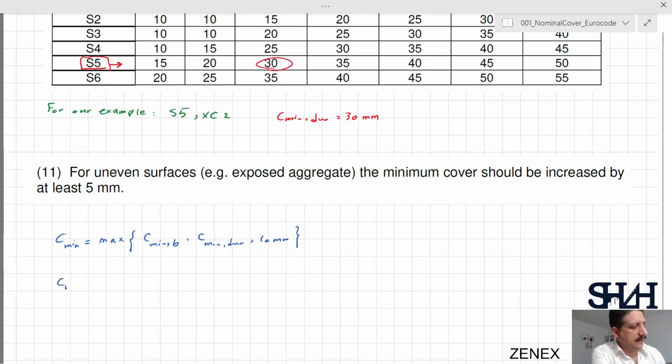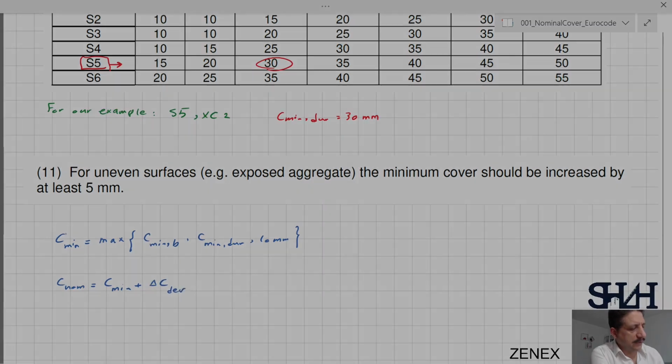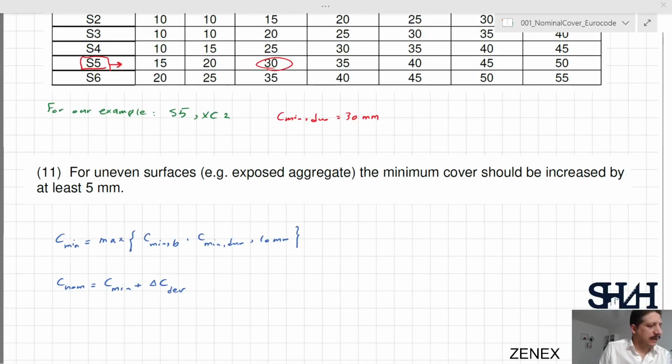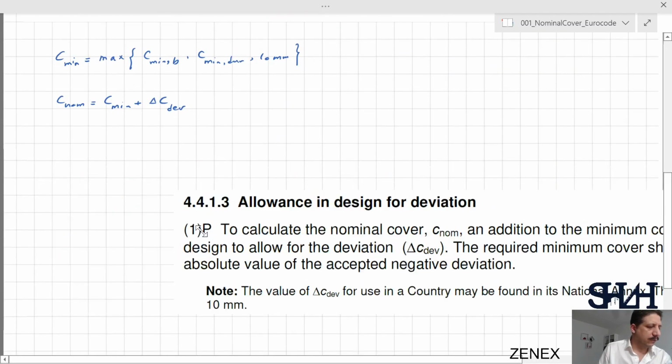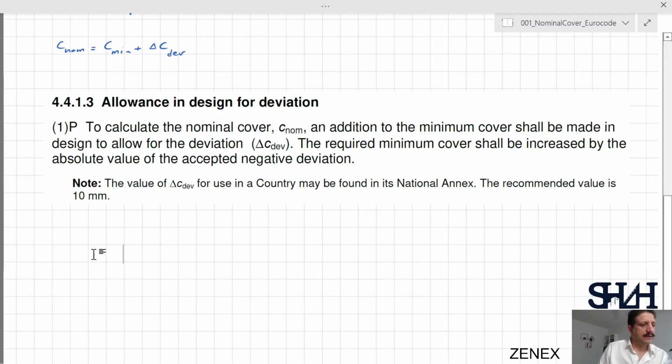And then C nominal is always C minimum plus delta C deviation. For this deviation, we have another clause in Eurocode, 4.4.1.3. To calculate the nominal cover, C nominal, an addition to the minimum cover shall be made in design to allow for the deviation, delta C deviation.